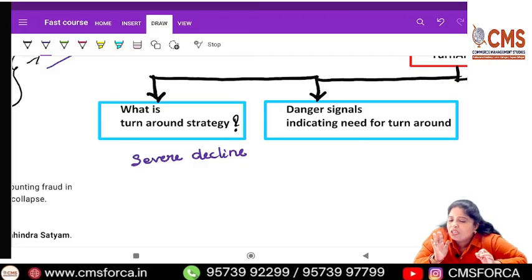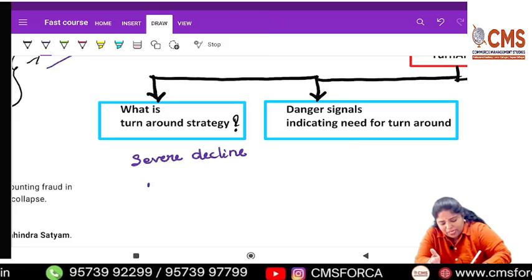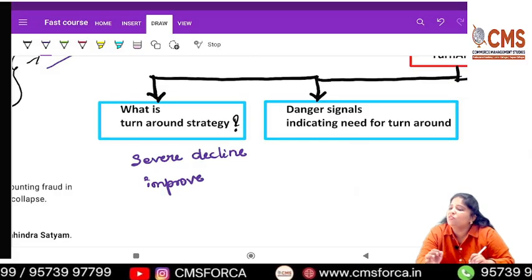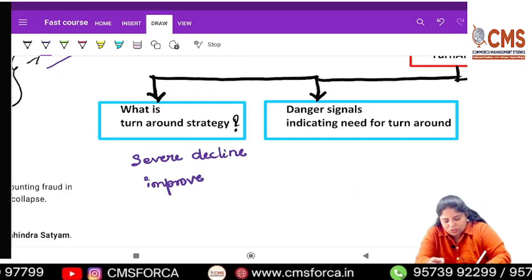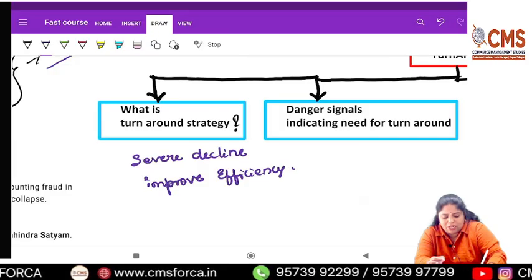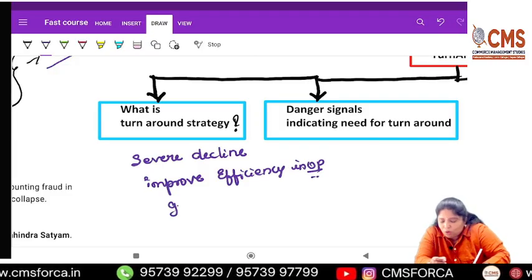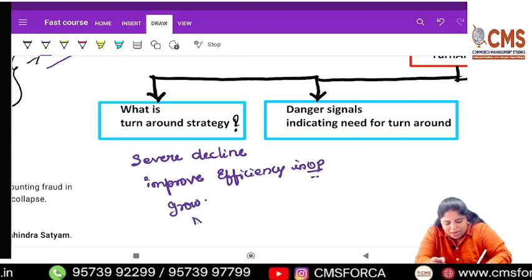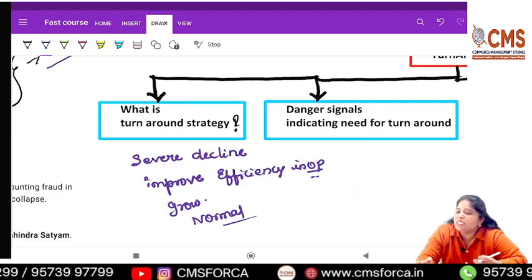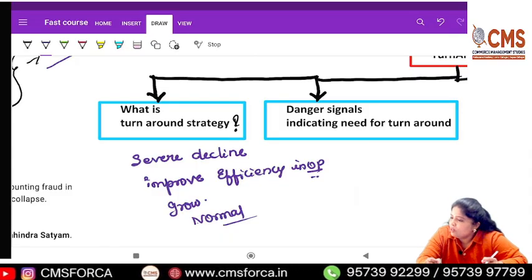Whenever an organization is in a phase of severe decline and doesn't want to give up, they just want to somehow survive in the market. So they want to improve their efficiency in operations gradually, grow gradually and get back to normal operations. If they want to see normalcy in their operations, then they may prefer a turnaround strategy.